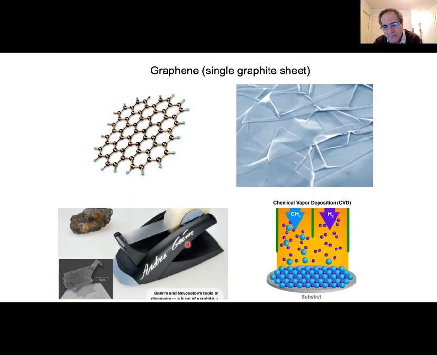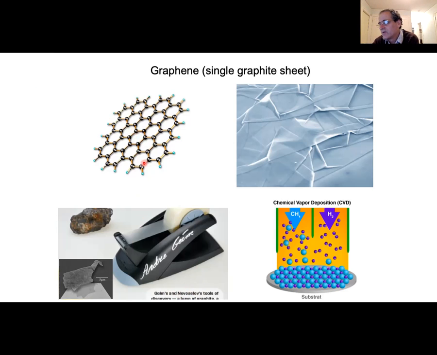This was sort of known for a while, but then in the 2000s, Andrei Geim and Novoselov, a student of his, had the idea to really focus on this process of peeling off layers with tape and then taking two pieces of tape, sticking them together across the layer and pulling them apart to cleave the layer that they'd split off once again, and then to do this over and over again and see where they got.